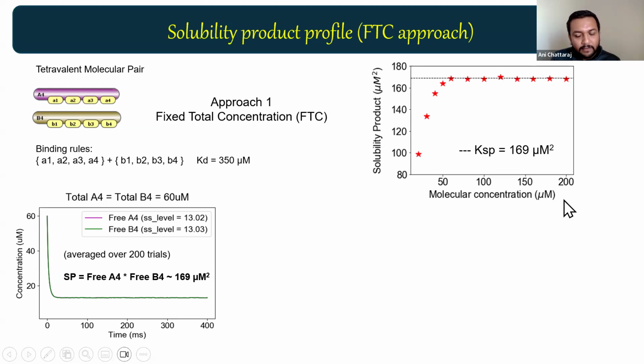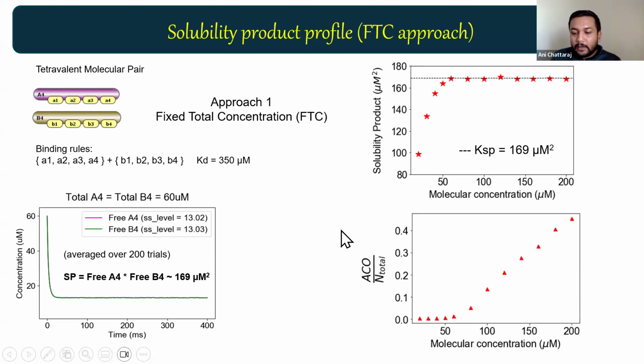Again, on the x-axis we have the total concentration, and on the y-axis we are plotting the solubility product. Initially, when the concentration is low, if we titrate up the concentration, the solubility product is increasing. But beyond a certain point, the solubility product reaches a flat level. Beyond this point, although we're adding more and more molecules into the system, the solubility product is no longer changing. This is exactly similar to the salt example that I showed you earlier.